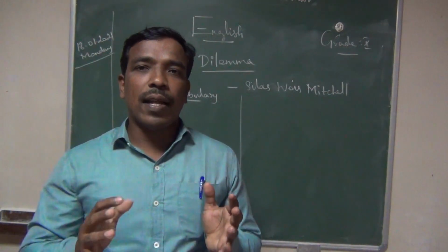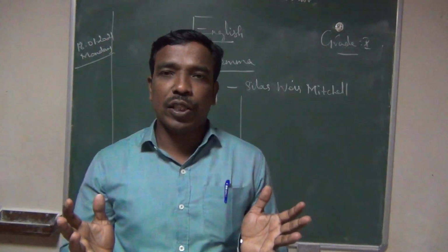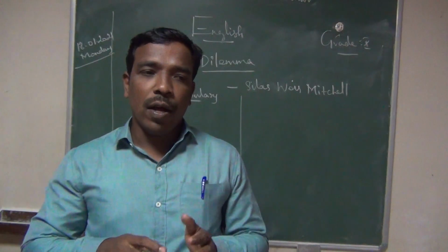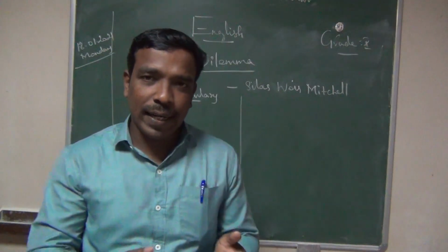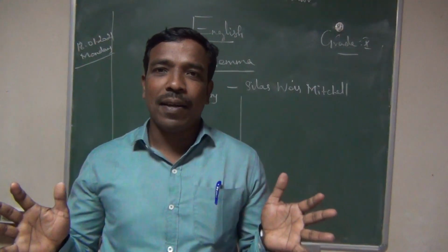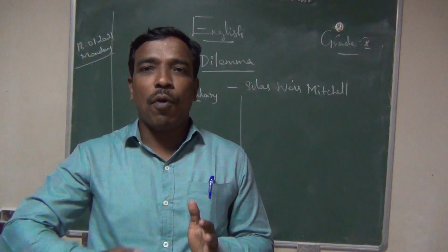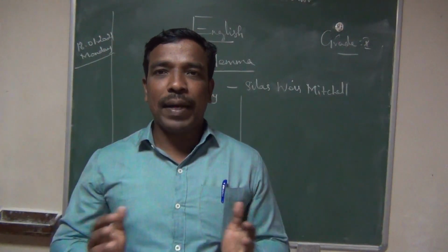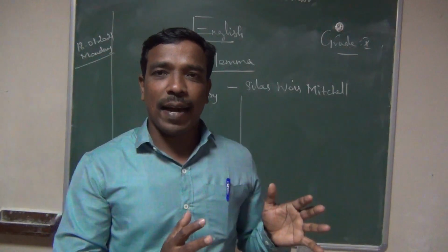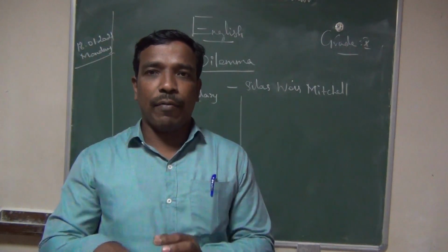He was in a dilemma. That is the title of the story, dilemma. He has all the richness in his hand, but he can't open that box. If he opens that box only, he becomes rich. He was in a dilemma whether I am rich or I am poor. It is quite an interesting story whenever we are reading.